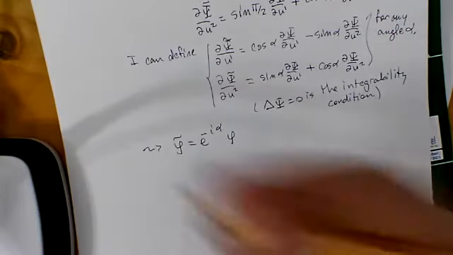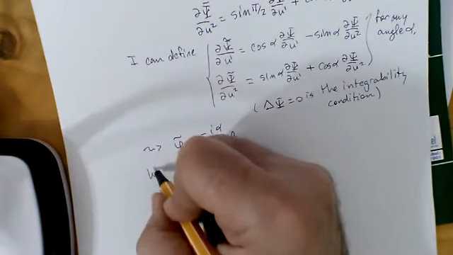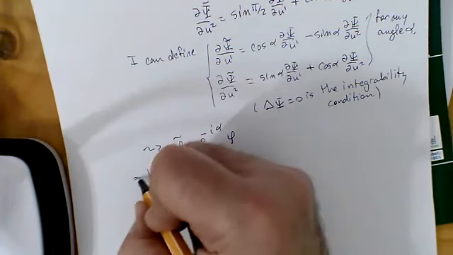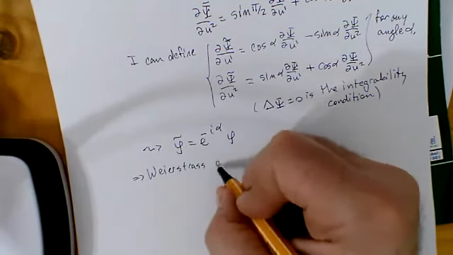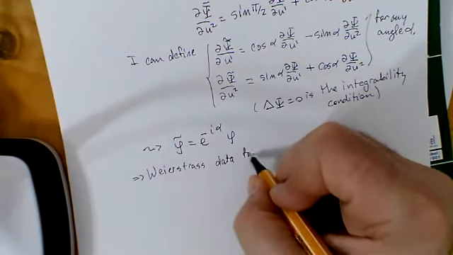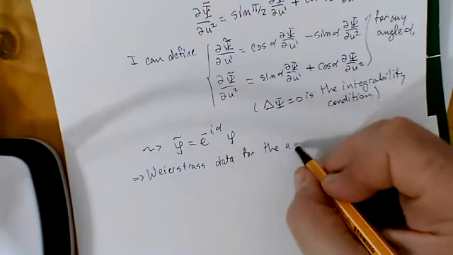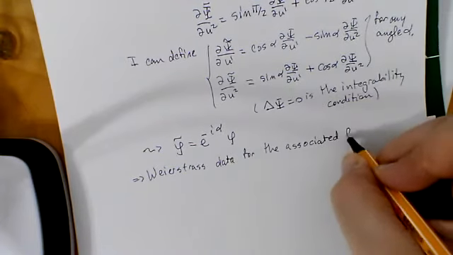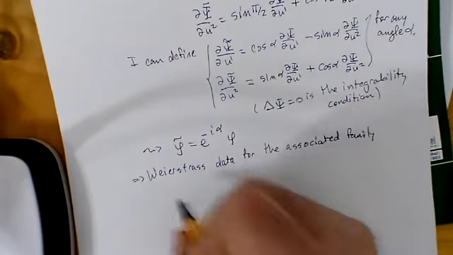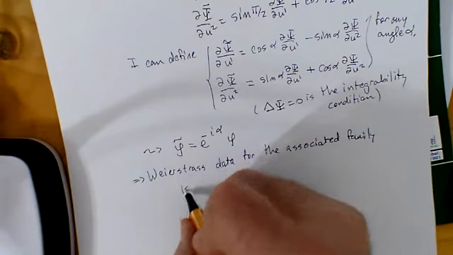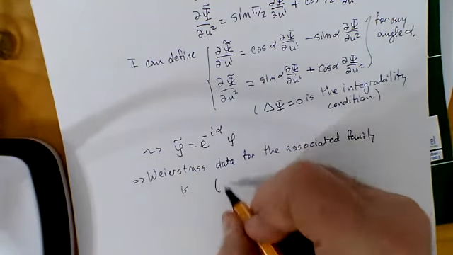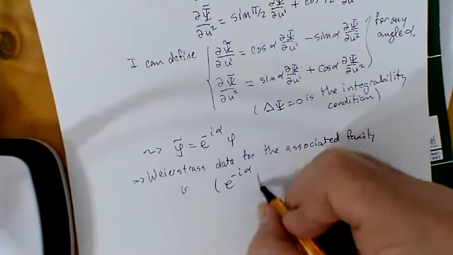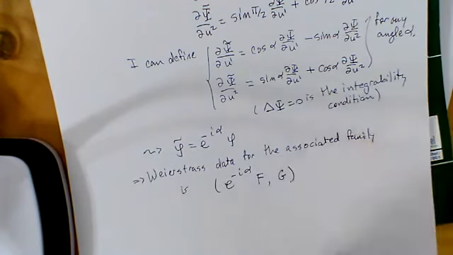And then if I write down the Weierstrass data for the associated family, I find e to the minus i alpha times f, and g.